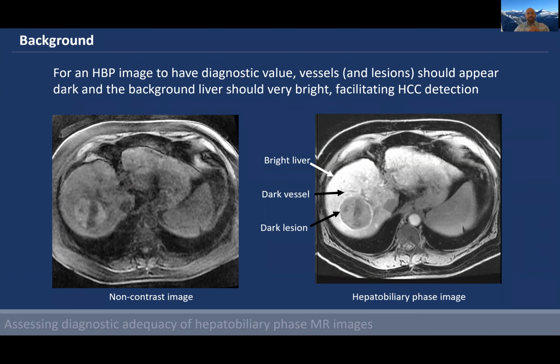Radiologists see this image and it's easier to spot these lesions. I'll emphasize though that this lesion is fairly obvious. I mean, you can even see it in the non-contrast image, and I believe this was already treated. That's why there's this mark here. But the goal is to be able to detect lesions when they're very, very small, on the order of millimeters, so that they can start planning treatments early on.